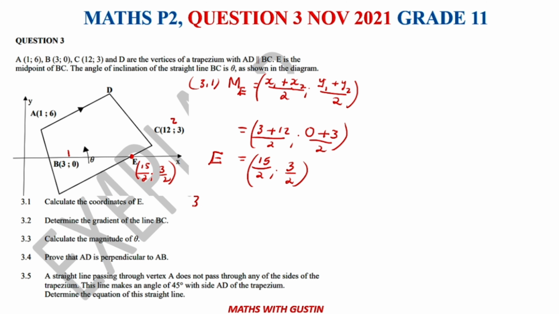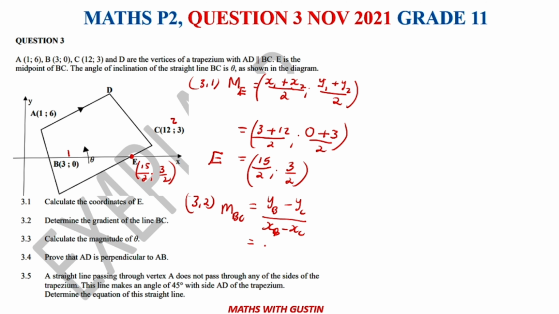And then 3.2, they are saying determine the gradient of line BC. The gradient is going to be given by, and I'm going to use letters here on this formula so that you are able to follow, the y at B minus the y at C, all over the x at B minus the x at C. So what are the coordinates at B?